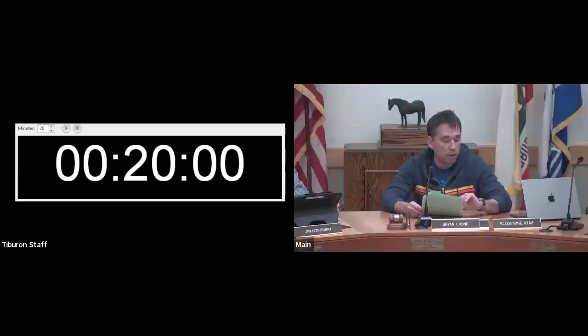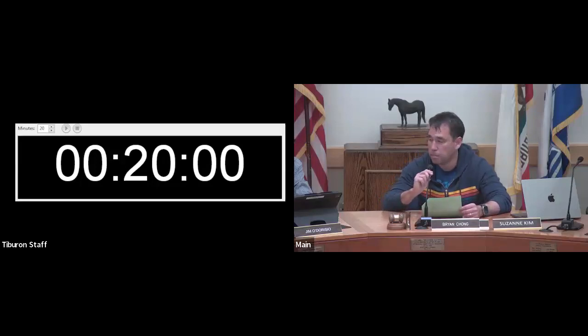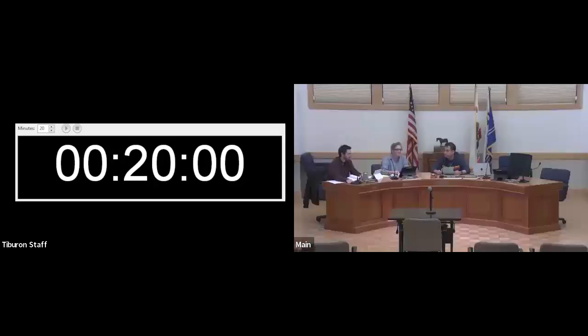Moving right along, we will go to the consent calendar. There's only one item on this evening's consent calendar. It's CC1, which is the adoption of the resolution denying the appeal for 283 Cecilia Way. Is there a motion to adopt the consent calendar?